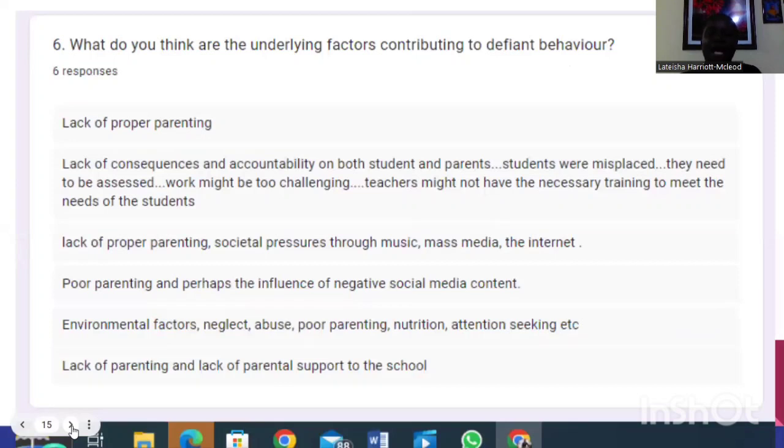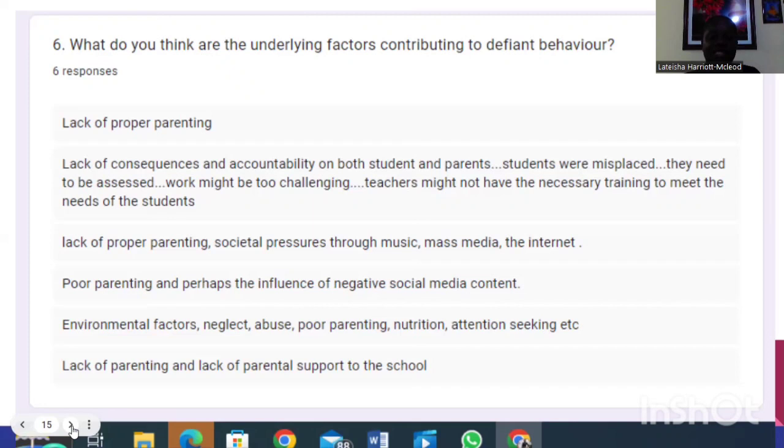They were also asked, what do you think are the underlying factors contributing to defiant behaviors? The teachers stated lack of proper parenting, lack of consequences and accountability on both students and parents. Students were misplaced. They need to be assessed. Work might be too challenging. Teachers might not have the necessary training to meet the needs of the students.